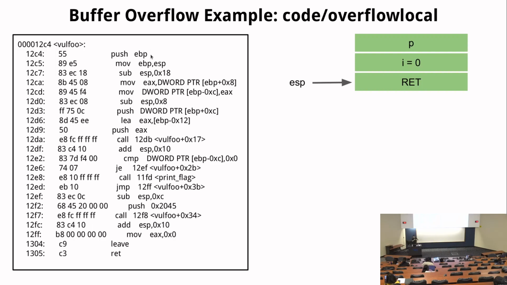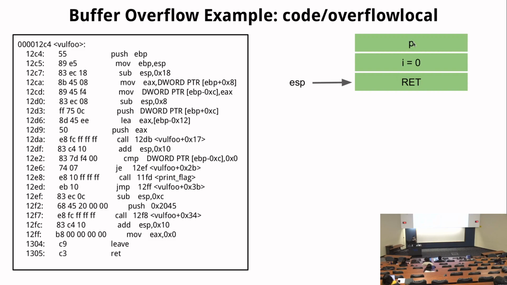But this vol is called by the main function, which means the main function pushed 2 arguments to the stack and also put the return address on the stack, right? So at this point, the stack looks like this. Of course, if we go up, there are many other things on the stack, but those are not important for us right now. Below this address, technically it's just garbage, nothing important.